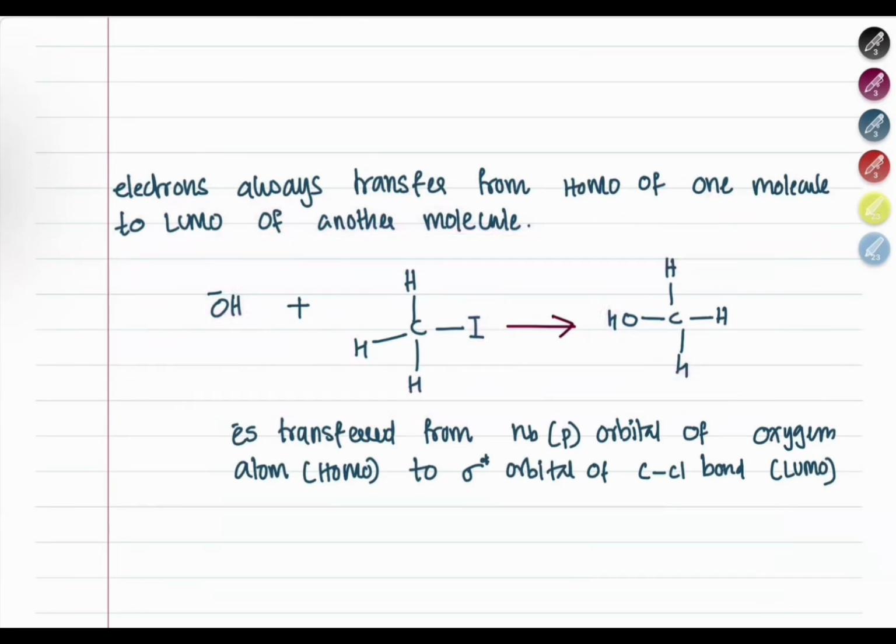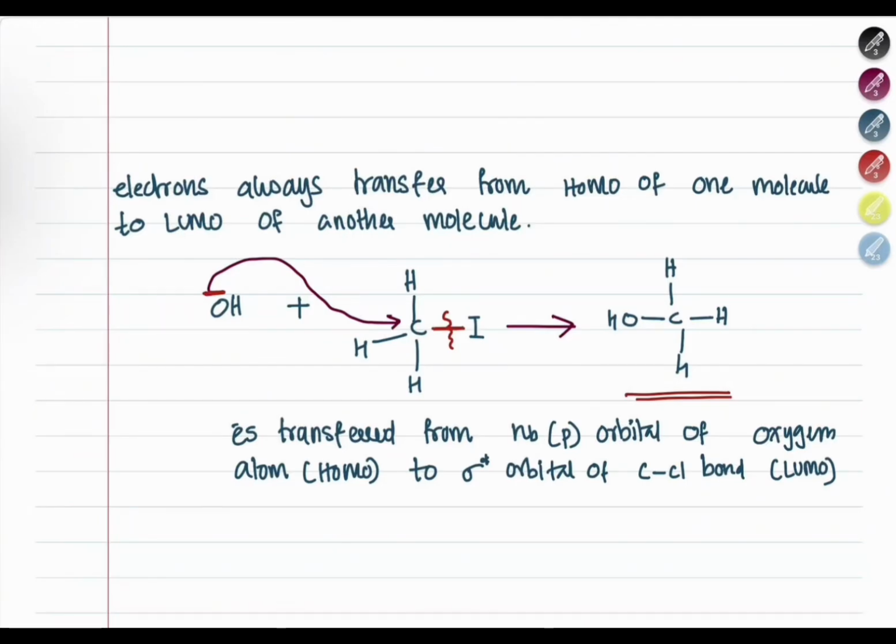How did the reaction happen? Here, the non-bonding electron in the oxygen is reacting with this carbon. In that case, the carbon iodine bond, that is this bond, is being broken and we are getting a product like this. Here we can see the negative charge attacks the C-I bond and the C-I bond has broken.